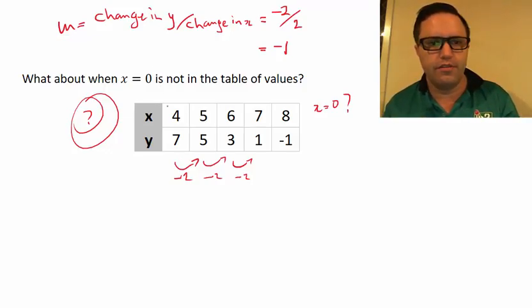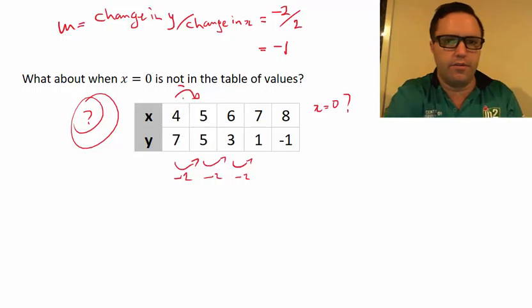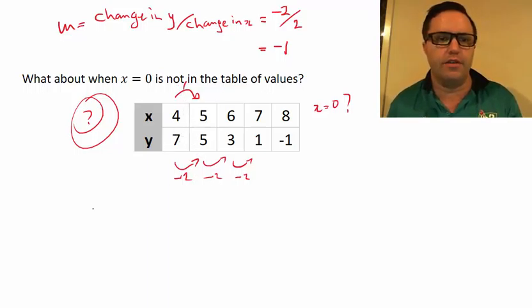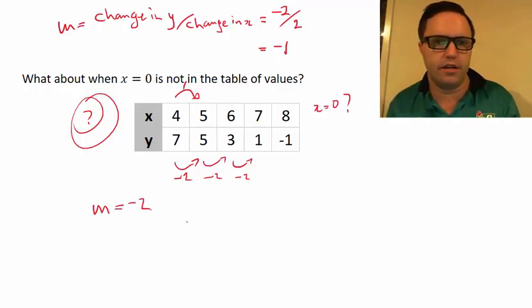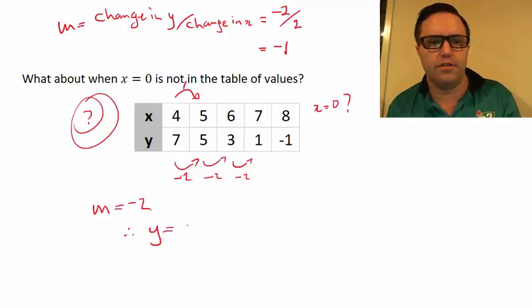So we can figure out the m value easily, because we're still changing by 1 at the top here and by negative 2 down the bottom. So we know that m will be negative 2, similar to the example above. So we know, therefore, it will be something like y equals negative 2x plus c.